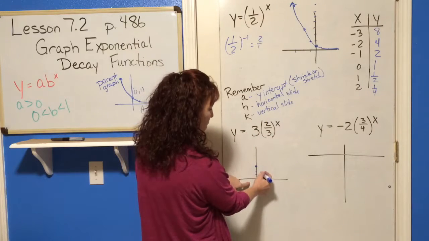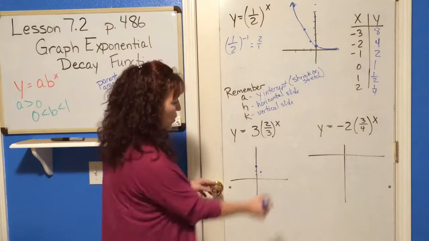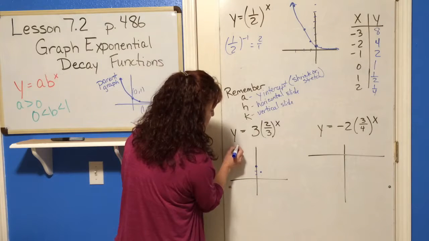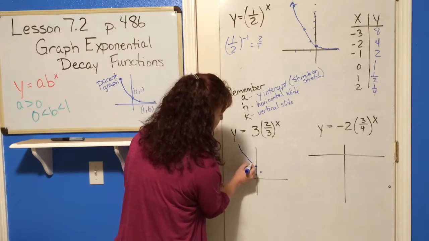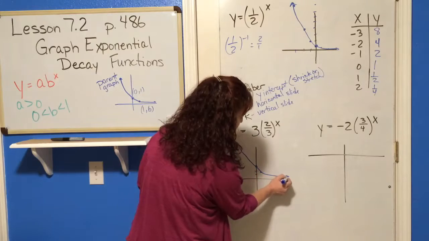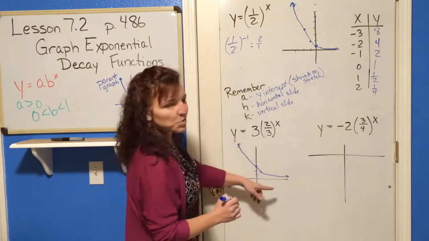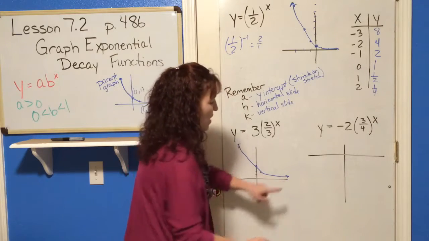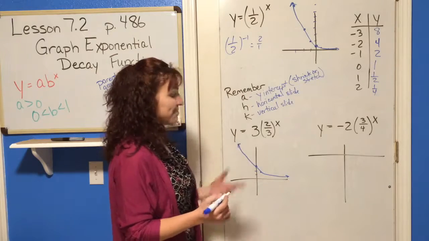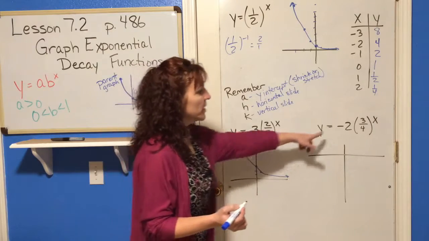So 1 over, 2 up. So now we're going to start high and go through those 2 points and get close, probably closer than that, close to our x-axis. And that's it.